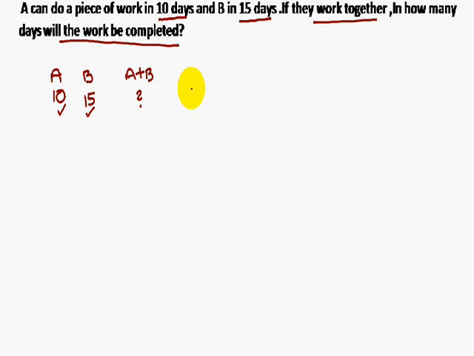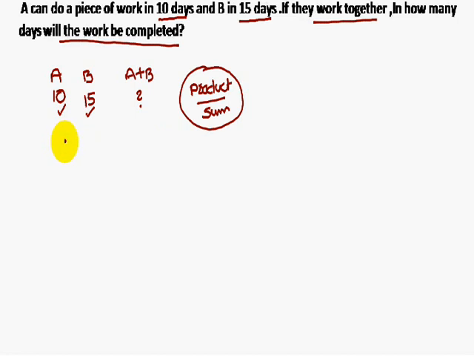For this one there is a shortcut formula, that is nothing but product by sum. Always remember the formula. If A individually can do a piece of work in 10 days, B in 15 days, together means product by sum.